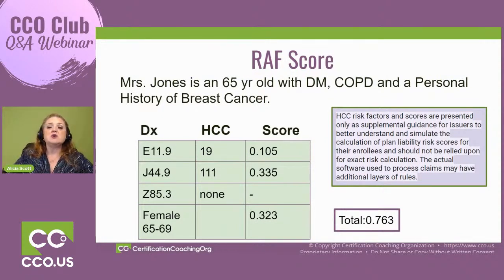All right, then we have a female, and the age range for a female between 65 and 69 risk adjusts at a 0.323. So you literally just add those up. Now, when you start seeing these numbers, you're thinking, oh my gosh, I don't do numbers. Honestly, algebra makes me break out in hives, and I don't like math. But it's funny that I work with numbers all day. Numbers aren't the problem.